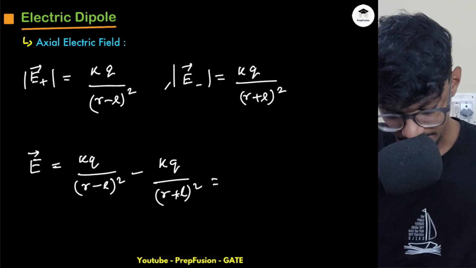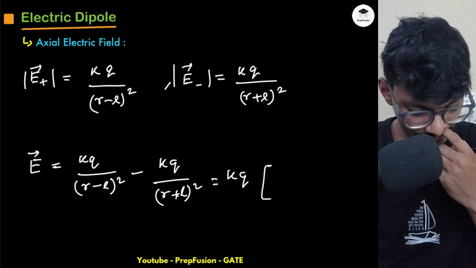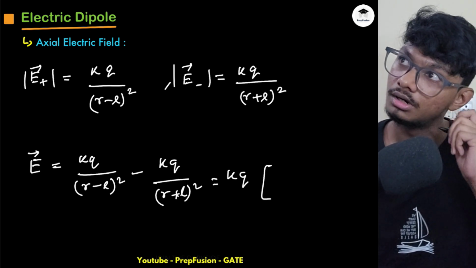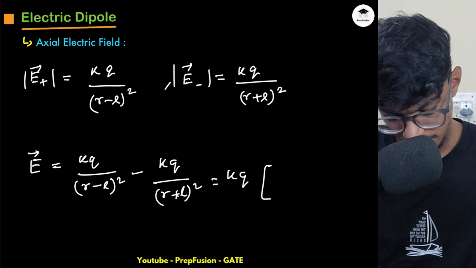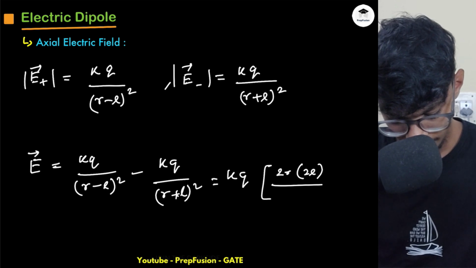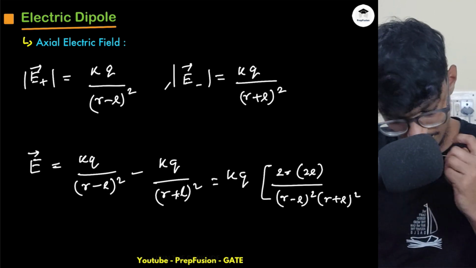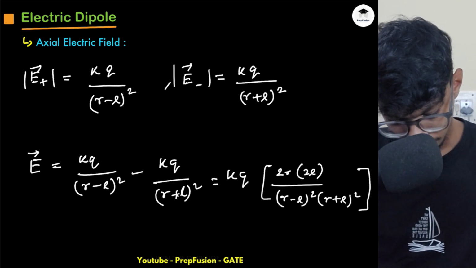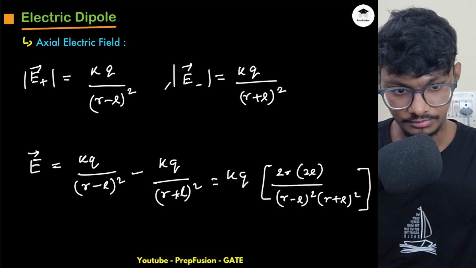I can simplify this. kq will be common. This will be r plus L minus r minus L, so something like this: 2r and 2L divided by r minus L whole square into r plus L whole square. So something like this will come up, if I'm not wrong.